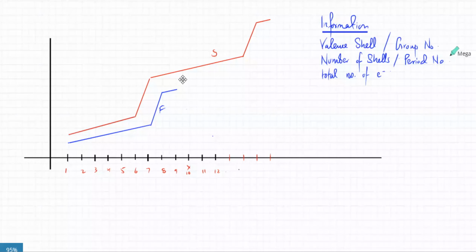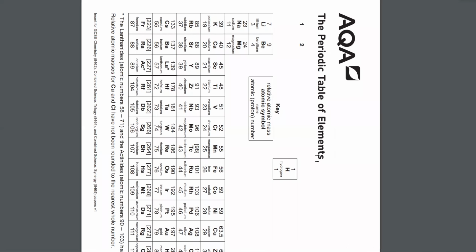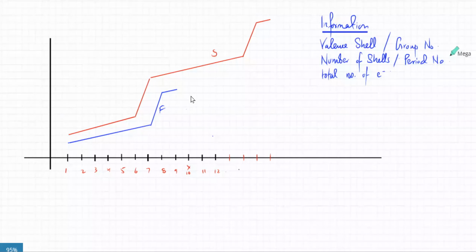So just remember, 3 shells means period 3, and group 6. That's 1, 2, 3, and it's group 6. So it's going to be sulfur over here. So you can easily identify the element by just looking at the diagram.